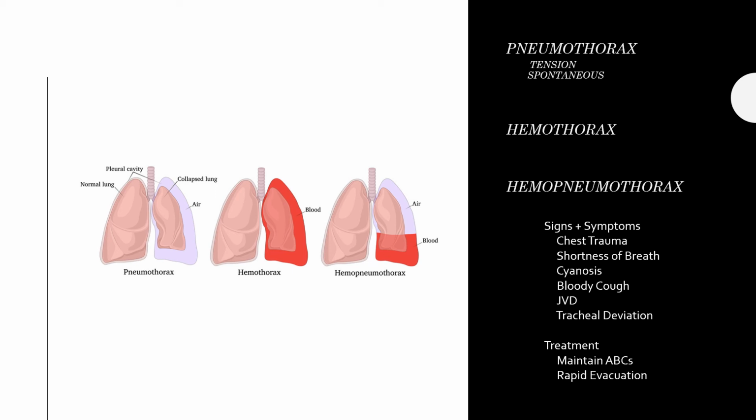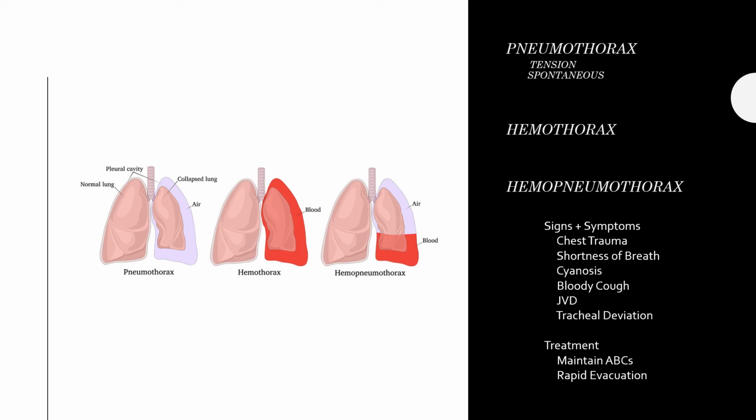We then have this thing called a hemopneumothorax, basically a combination of the two things we just discussed. Air and blood have leaked into that pleural cavity due to some sort of trauma, and then it is collapsing that lung.